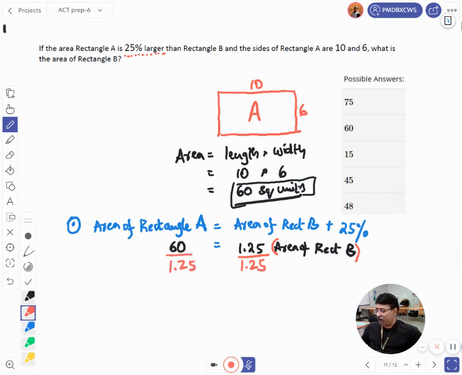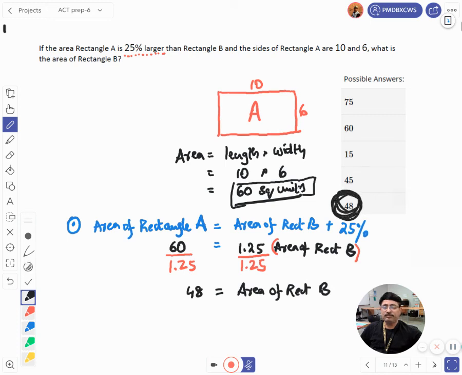So let me grab my calculator. 60 divided by 1.25, that's giving me 48. So after the cancellation, you get that area of rectangle B equals 48 units, which is this one. Okay.